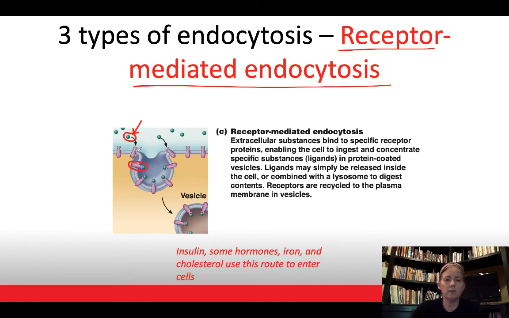And then the cell is going to end up pinching off that area, and that vesicle is now going to be engulfed into the cell to maybe be released in the cell and then have an effect, or be ejected the other side, or maybe lysosomes within the cell are going to digest that particular hormone or contents of the vesicle. So that is receptor mediated. As you can imagine, it's called receptor mediated. This is going to be a more specific type of endocytosis.